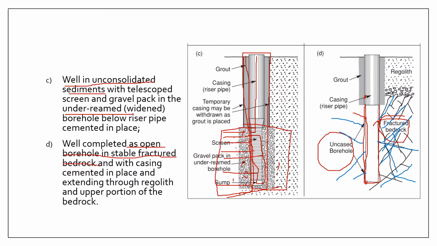And the other important element here is grouting the upper layer, or the regolith part of your bedrock. Regolith is just your weathered bedrock. And grouting serves to stabilize this part as well as to seal the borehole from the surface to prevent surface waters from contaminating your well.